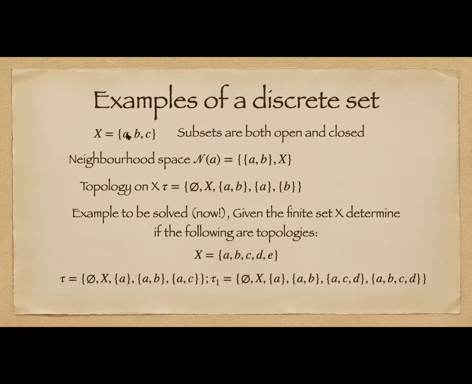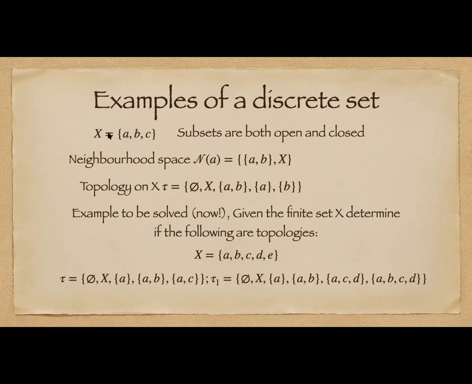Now, when we have a discrete set and we build subsets of this discrete set, then those are technically both open and closed. So if we have a subset {A} or {A, B}, then that is both open and closed. So that's why we can still use the concepts of topological space implemented on this discrete set.